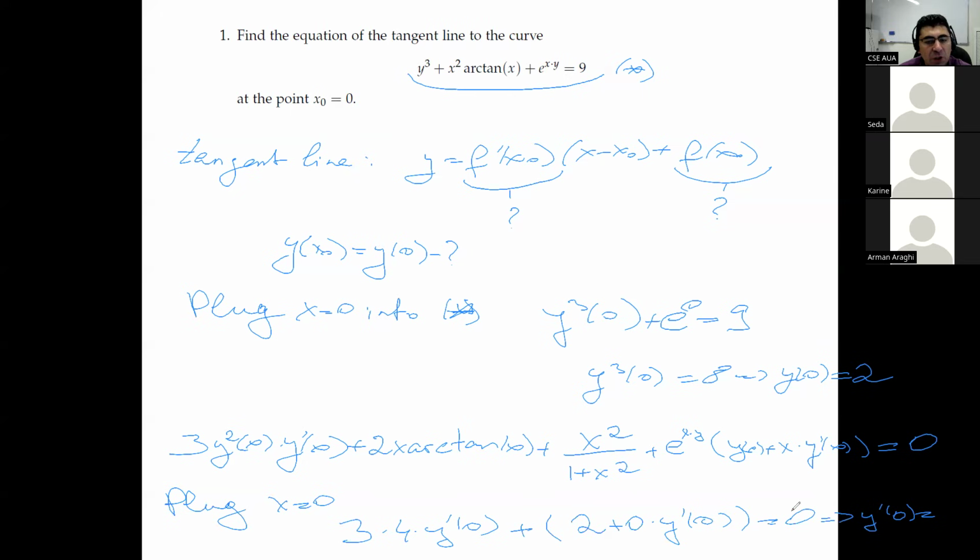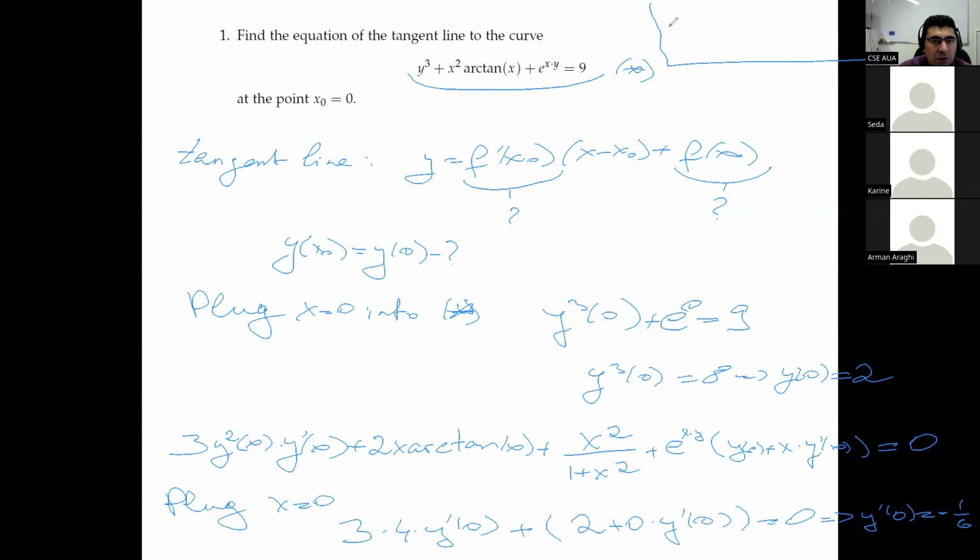From this equation, can you solve and find y prime 0? It's minus 1 over 6. Okay, cancels out and remains, yes. Hence, let me write the equation of tangent line here.